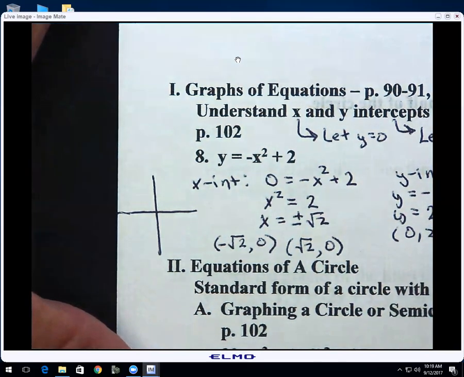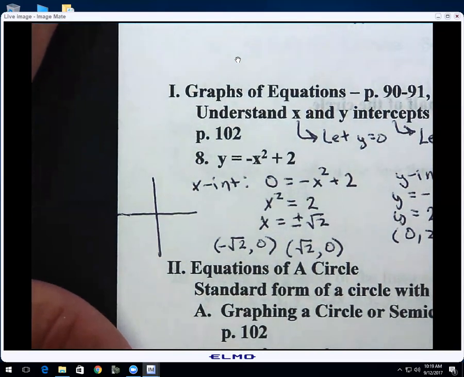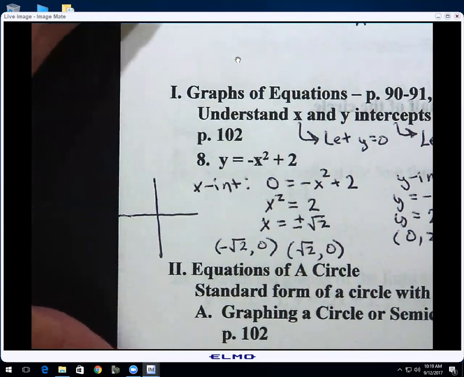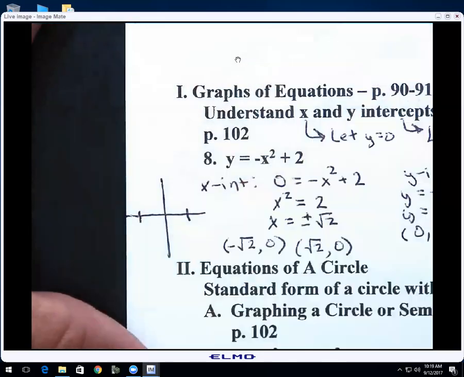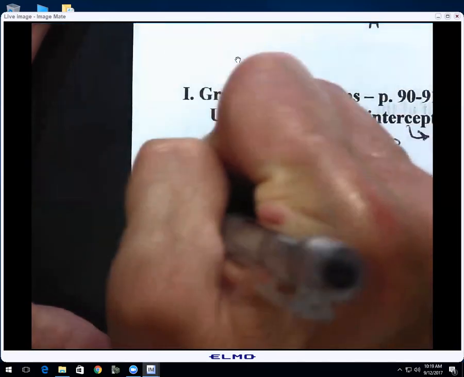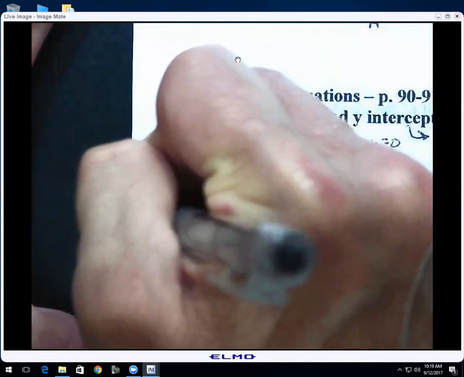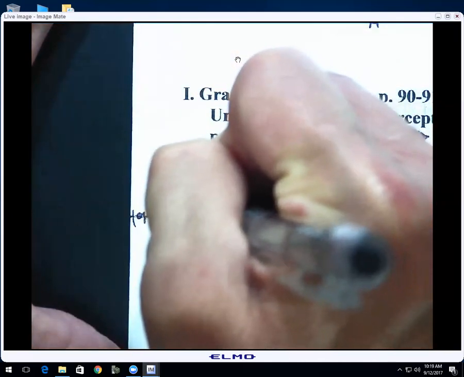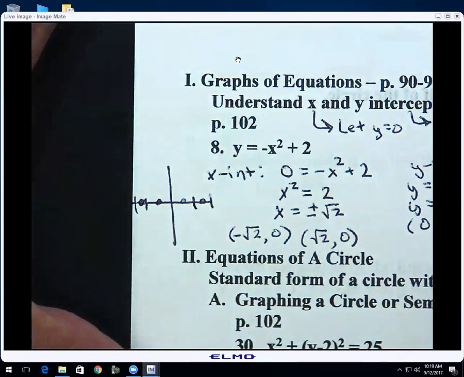All right, so here's a good enough graph of this, even if it's not exactly right. It's a good enough mental image so that if I graphed it on a graphing calculator and got a circle, I'd go, whoa, that can't be right. Square root of 2 is about 1.4. Let's just put a dot at about 1.5.